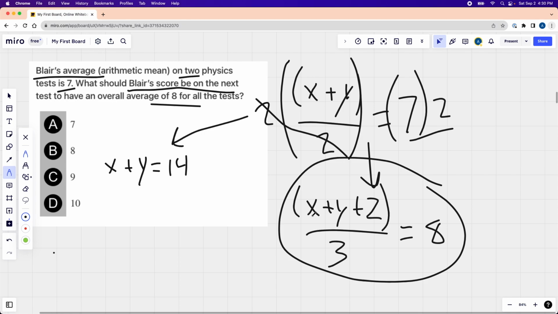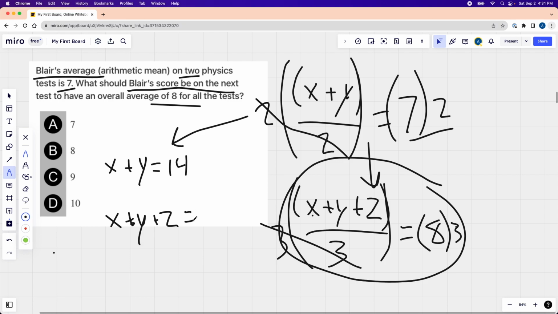So first thing we need to do is multiply both sides by 3. That way those 3's will cancel out. So now I'm going to have a new equation that says X plus Y plus Z equals 8 times 3, which will be 24.